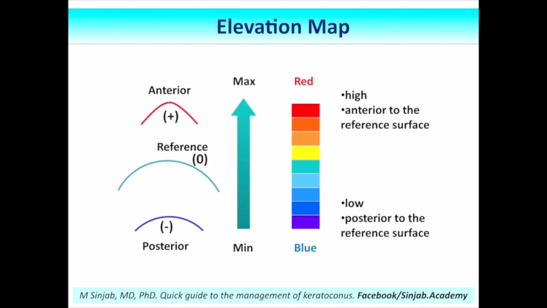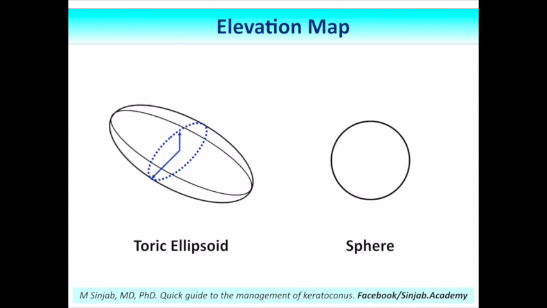But what about the reference surface itself? Of course, there are many types of reference surfaces, but the most important two are the toric ellipsoid, as you see here on the left, and the spherical on the right. What is the difference between the toric ellipsoid and the sphere? Or let me ask the question in another way.